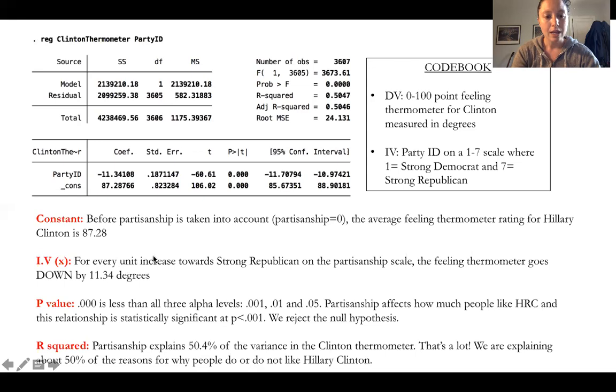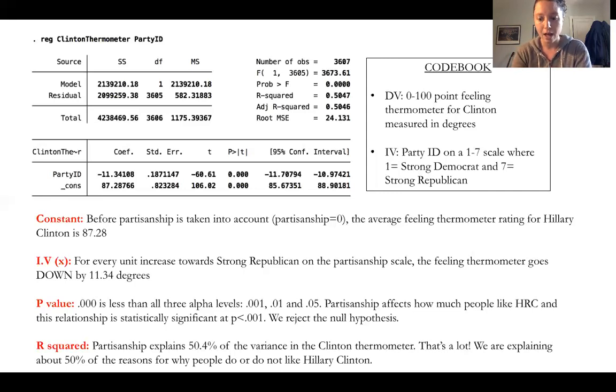For every unit increase towards strong Republican, so going up 1 towards strong Republican on the scale, the feeling thermometer goes down by 11.34 degrees. That makes sense, right? As people move up the scale, moving towards Republican, they like Hillary Clinton less, 11.34 degrees less. People who are Republicans would like her less.